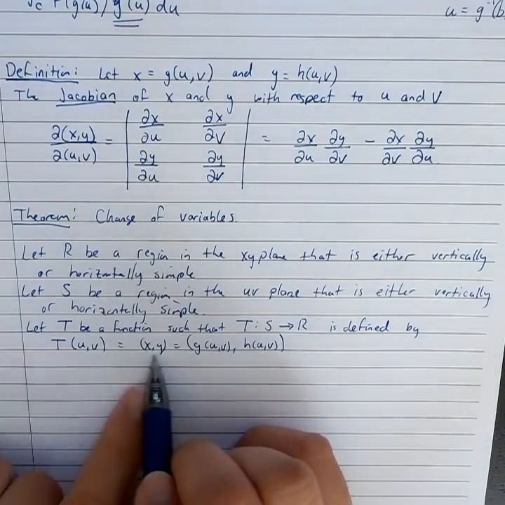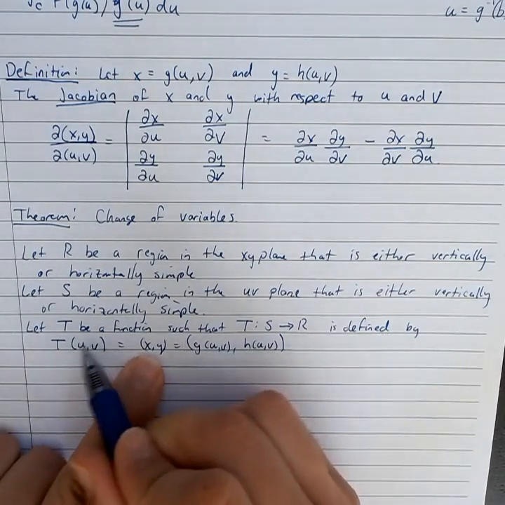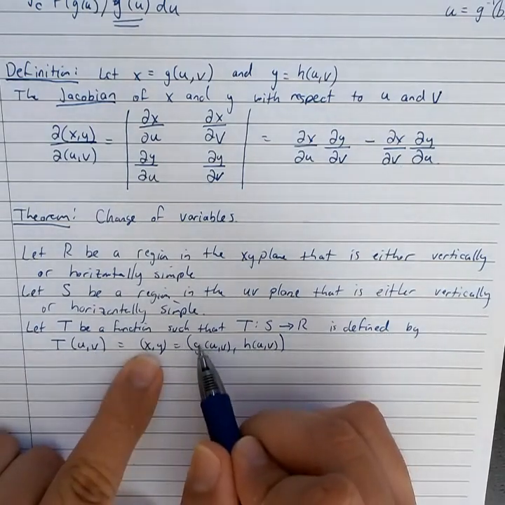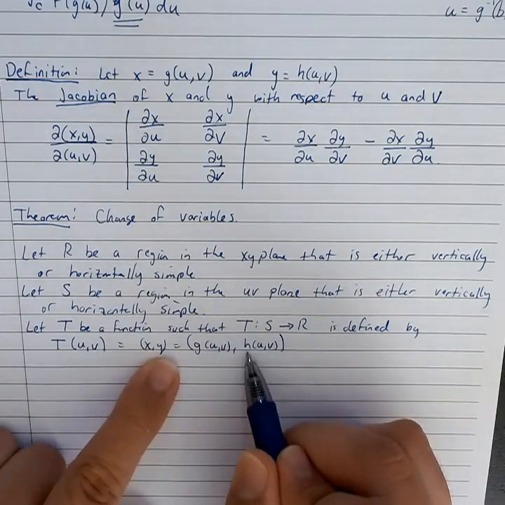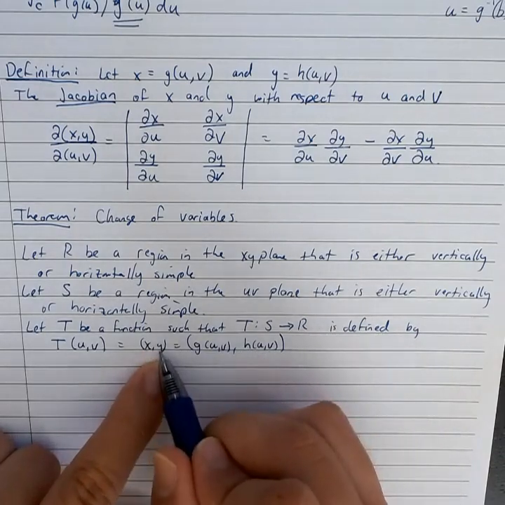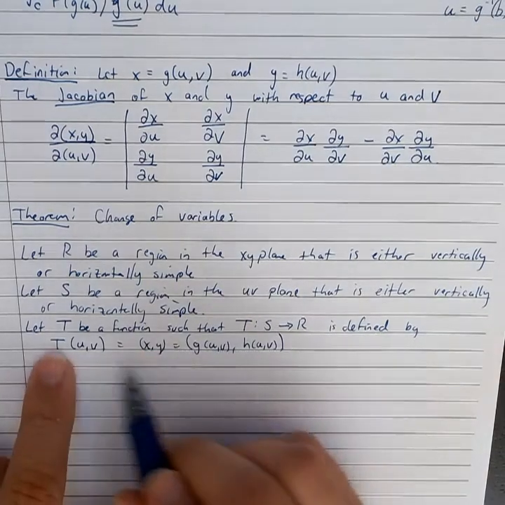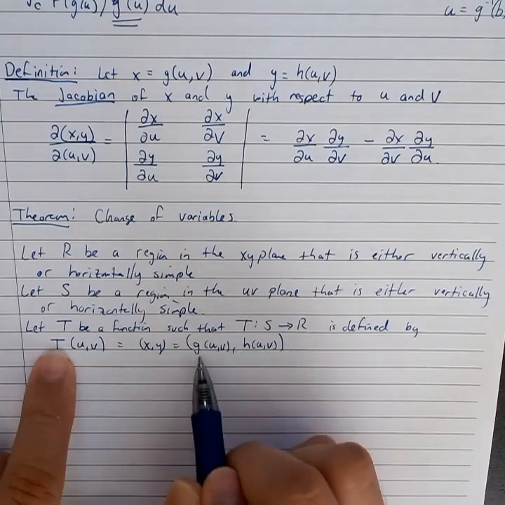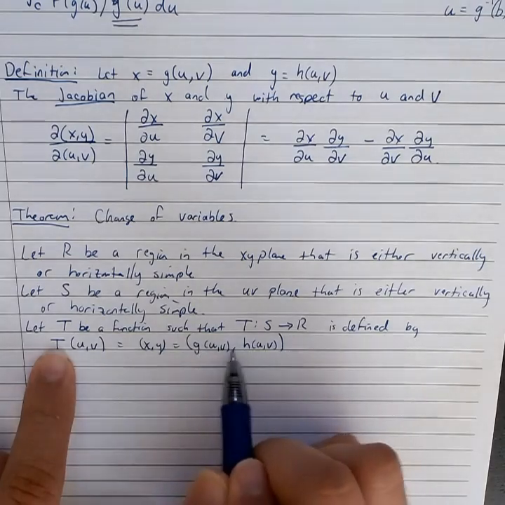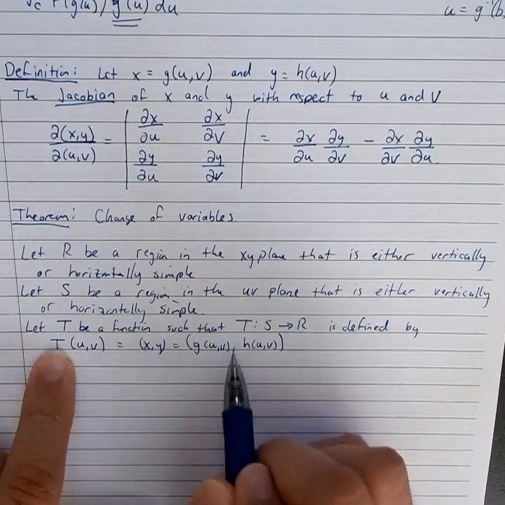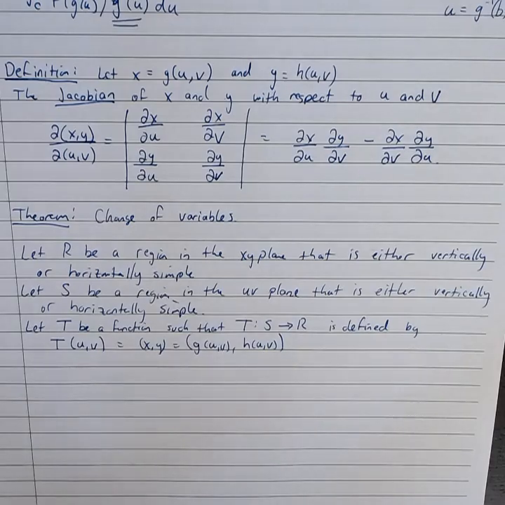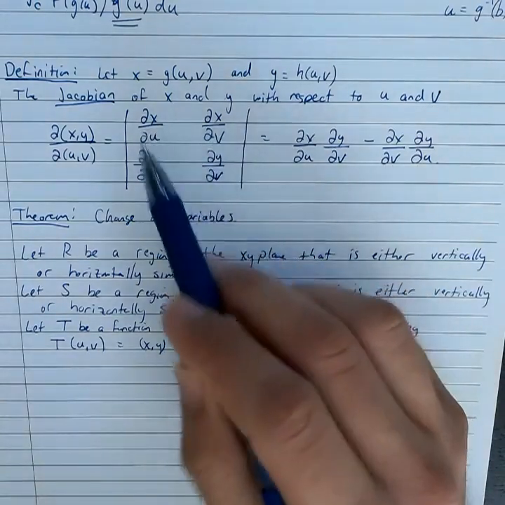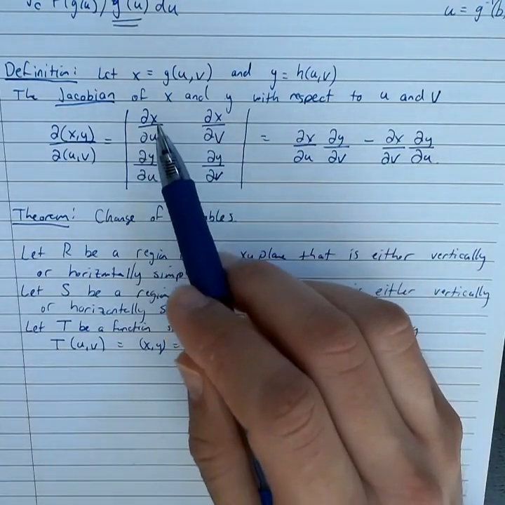And the way you got that point is by taking the original u and v and applying some function g to it. It's a function of two variables, and that gets you your x. Applying another function h to those same two variables gives you y. All right? So T is really composed of two variable functions, one which turns uv into x, one which turns uv into y. Okay? So we have our function T. Now this is leading toward use of this, so we are going to need to have at least one derivative.